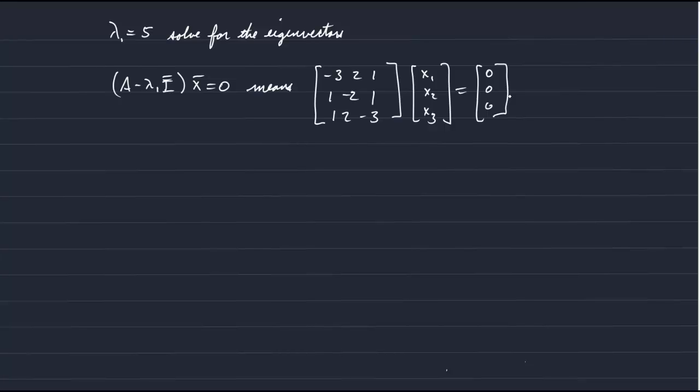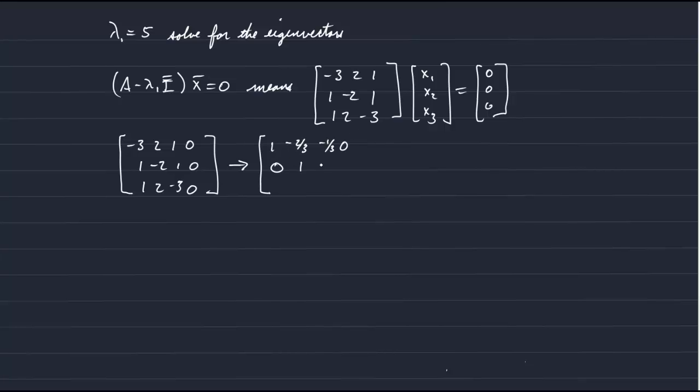And so we can write this in the augmented matrix form. And this is reduced by Gaussian elimination, and we get 1, minus 2/3, minus 1/3, 0 in the first row, 0, 1, minus 1, 0 in the second, and then we get all zeros in the bottom.